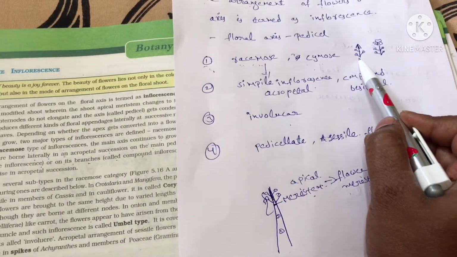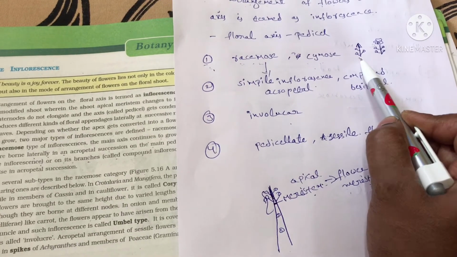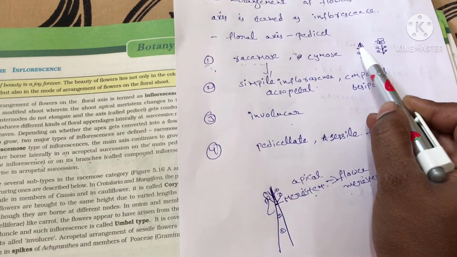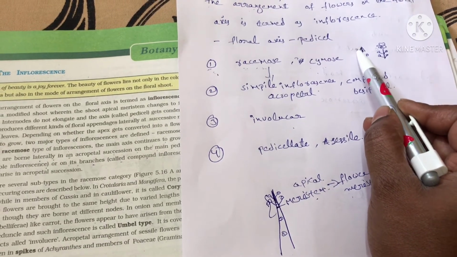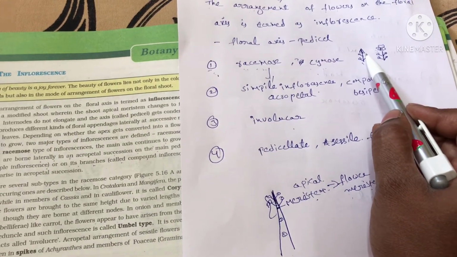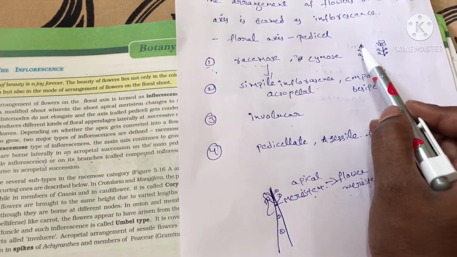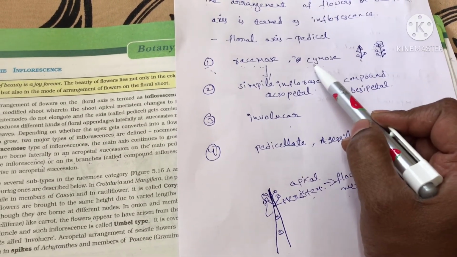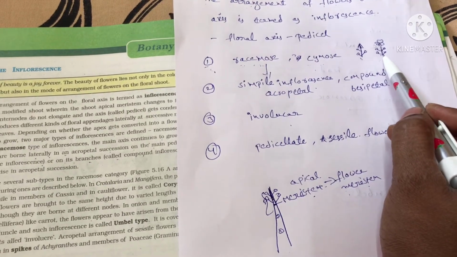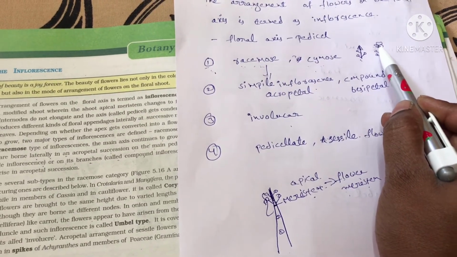Here the first one is racemose. Racemose means this is a pedicel or floral axis. The floral axis continuously grows. This is not stopping. Okay, here cymose is nothing but the floral axis ending with the flower.